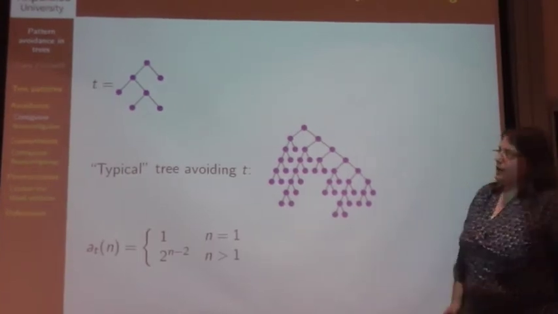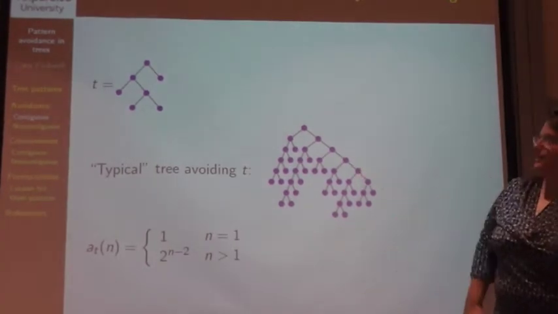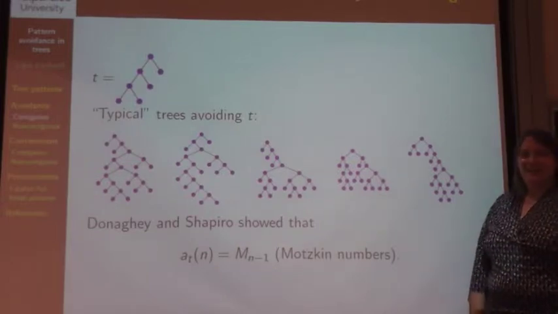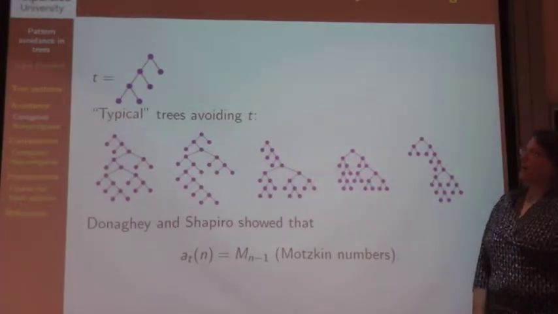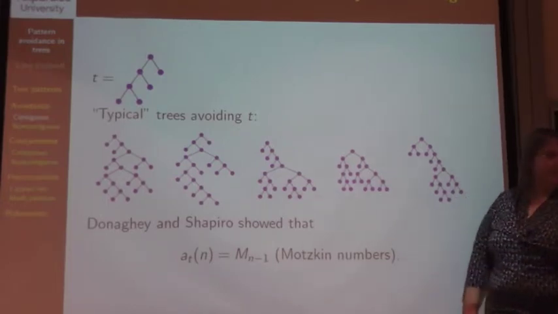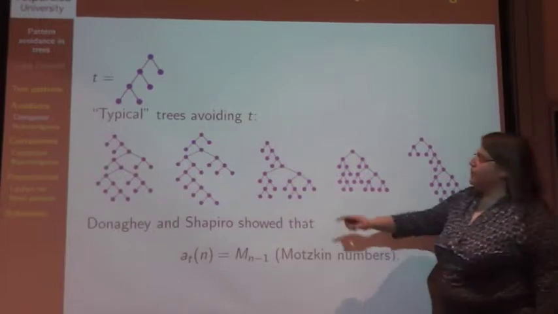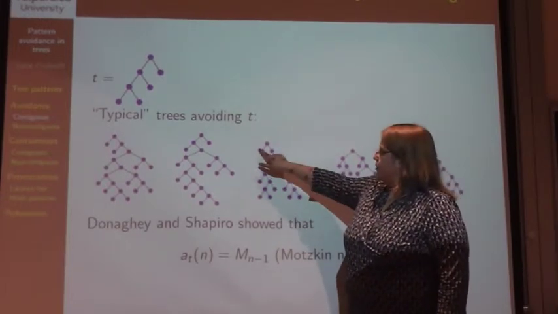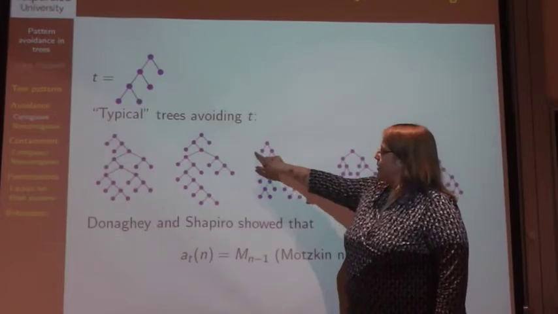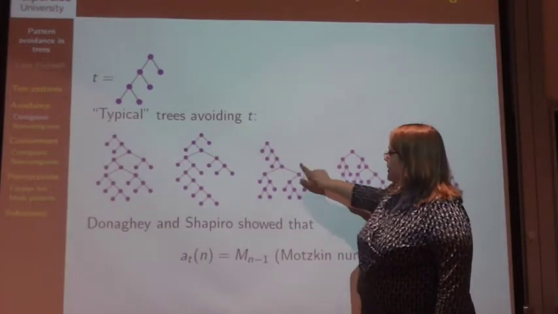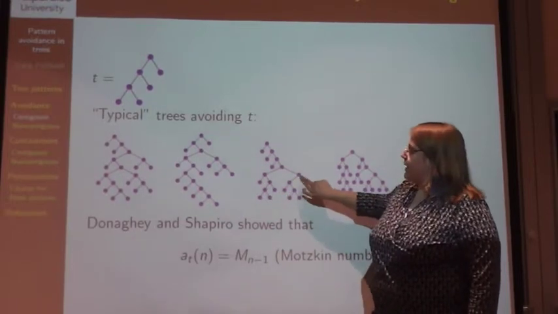Now the last tree I need to look at is the first one I wrote down over there. And it's this one that leans to the left. And I don't just have one typical tree that avoids this, but here are several examples. What you can look for is at the root, if the left side of the root doesn't have any more vertices than just this one, I just need to fill in an n-1 leaf tree avoiding t over on the right.